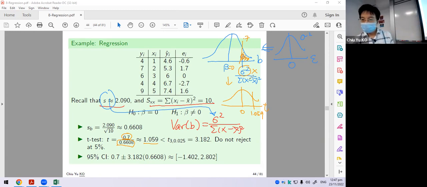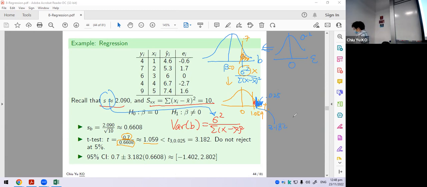So we want to check this area times 2: is it bigger than 5% or less than 5%? One way to do it is not to look at the area, but look at the critical value. If you want 0.025 in the tail, this value turns out to be 3.182.